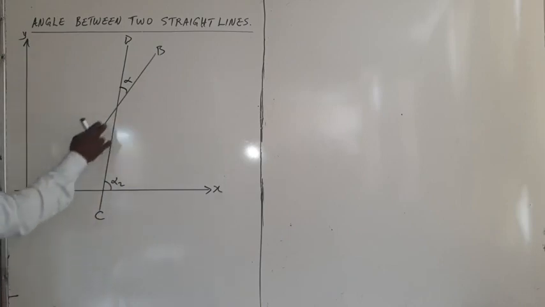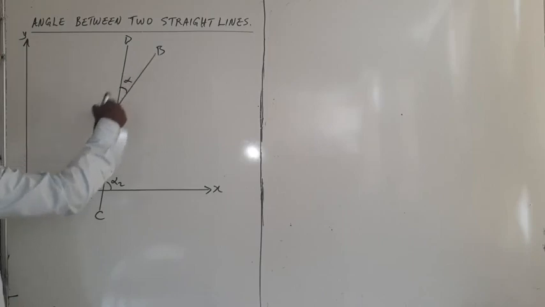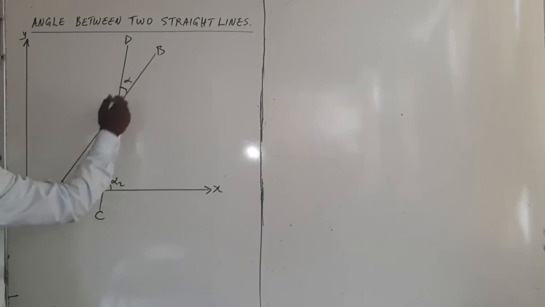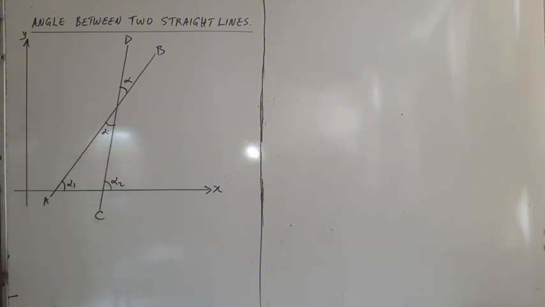Now if you look at this, you can see two intersecting lines, and the opposite angles are the same. So alpha here is equal to the alpha here. To connect these three angles together, the angle between line AB and line CD is alpha.